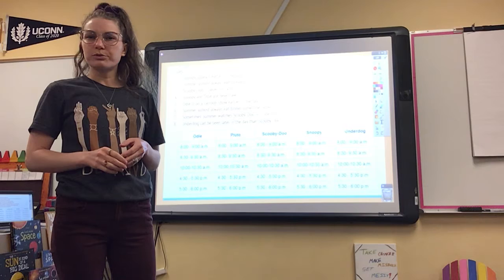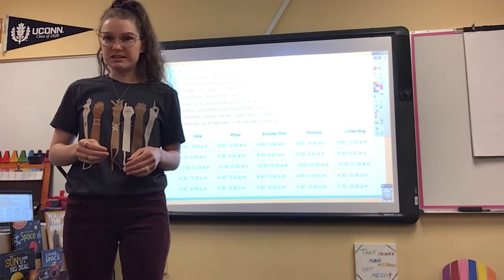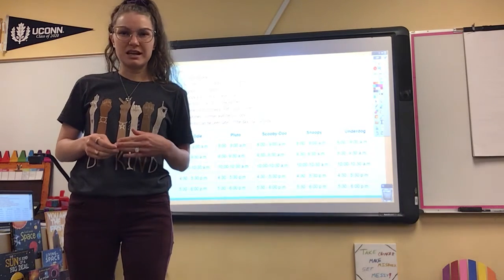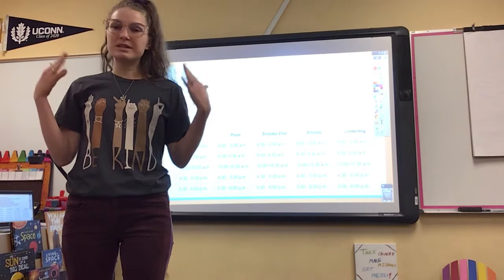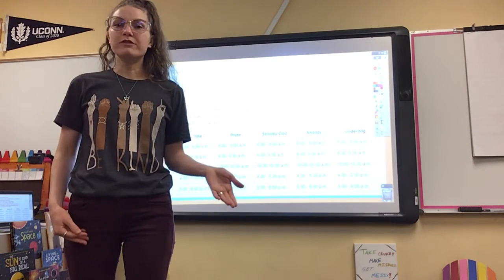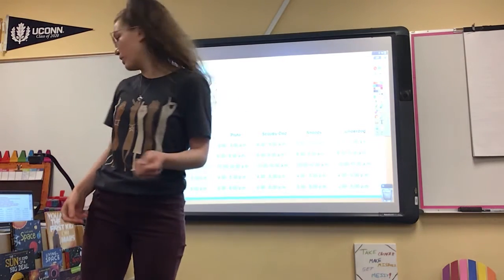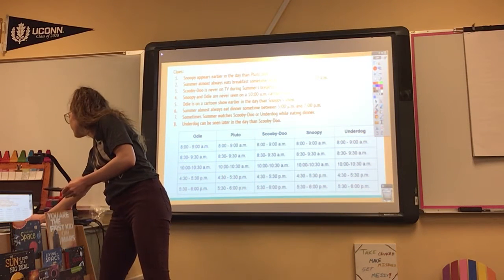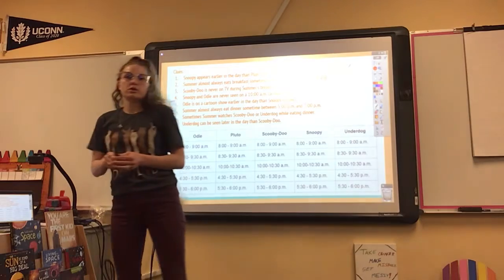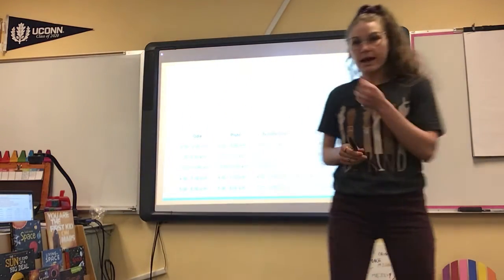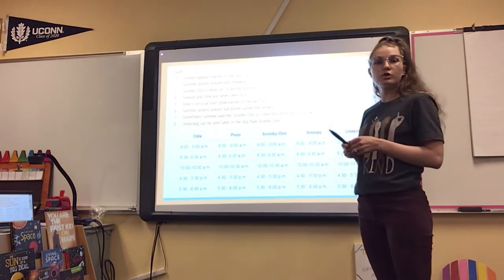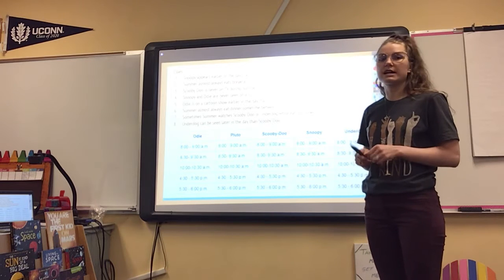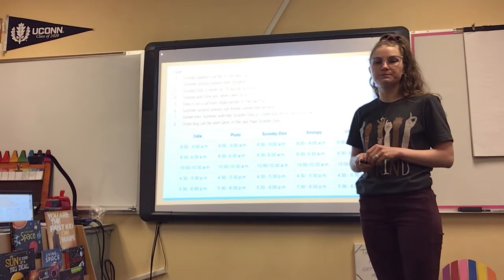I'm going to walk you through just a couple of the steps so that you can listen and watch how I reason through the clues to help me figure out when each dog show plays. So we have clue 1, and clue 1 says that Snoopy appears earlier in the day than Pluto.